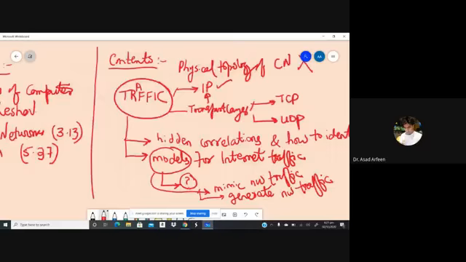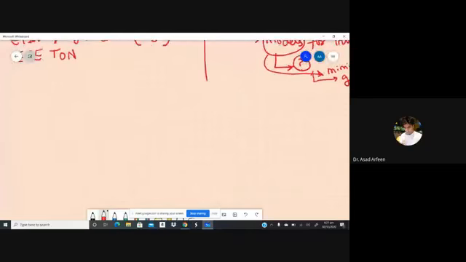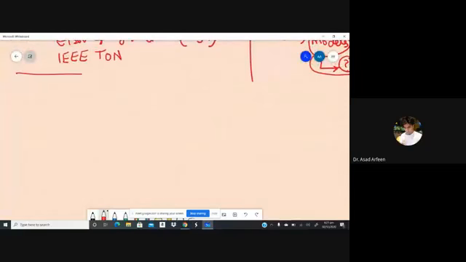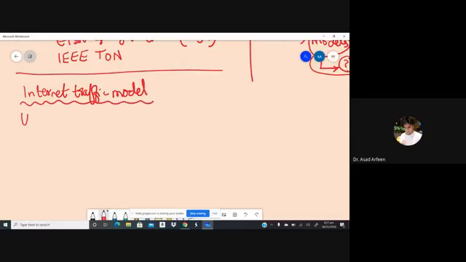Coming back, my question to you is about the internet traffic model: its uses and limitations. I want you all to help me fill this table.